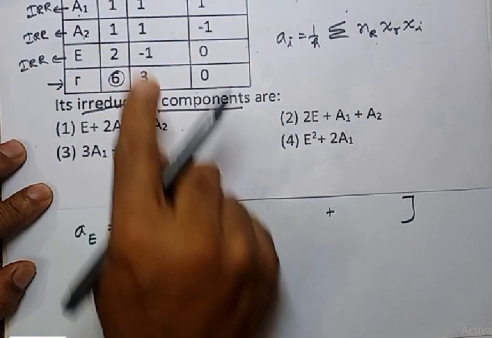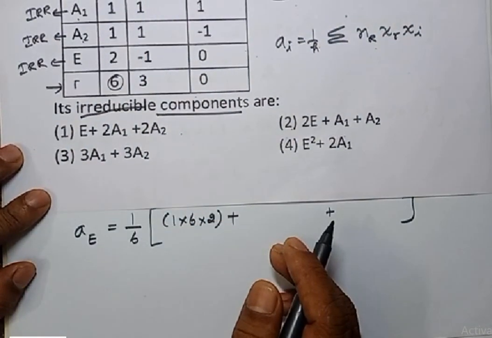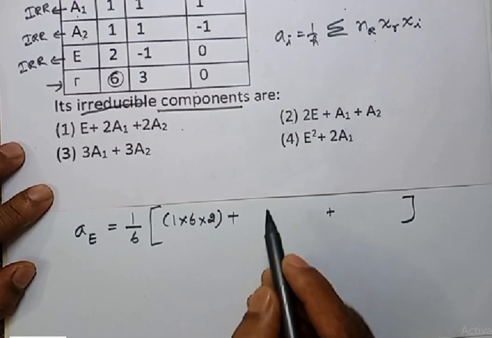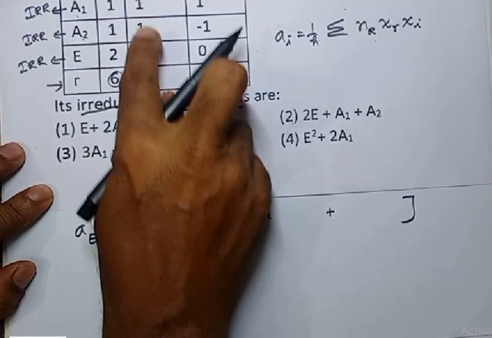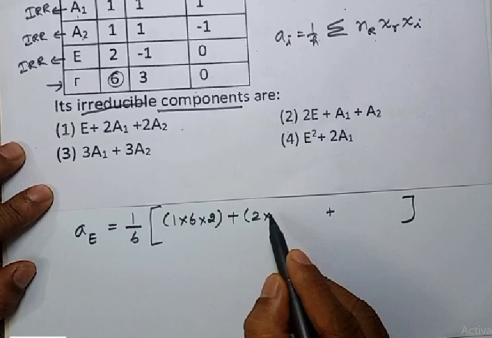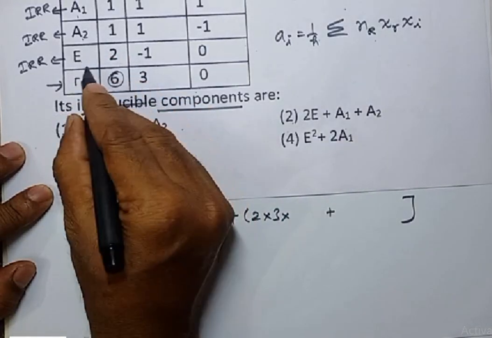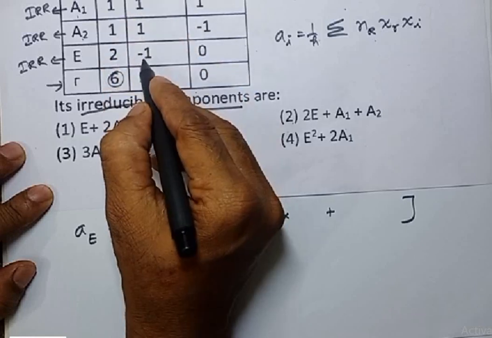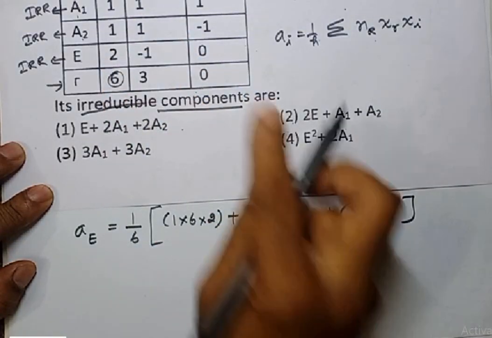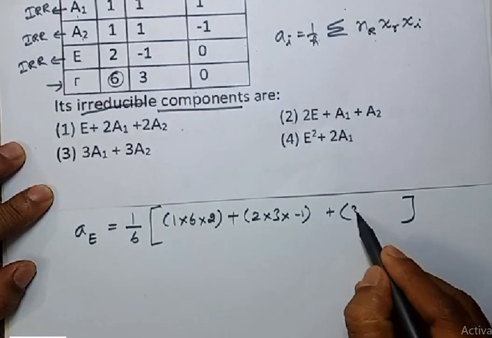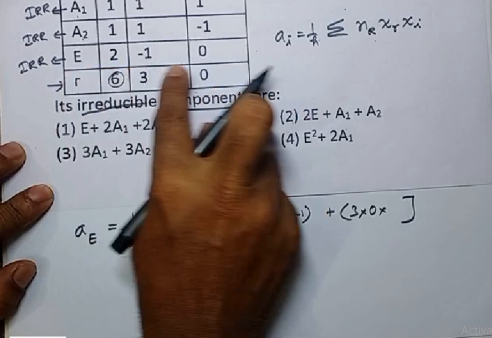Plus, then go to class 2. In class 2 we have 2 operations, into reducible character 3, into the irreducible character along E in class 2, which is minus 1, plus in class 3 we have 3 operations, reducible character 0, irreducible character for E also 0.